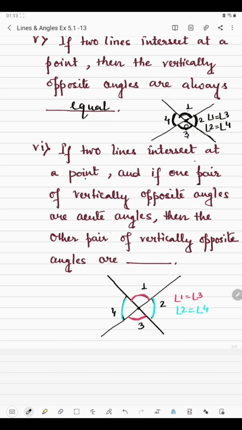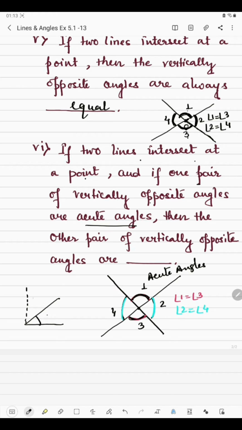Now here it is said that if two lines intersect at a point, and one pair of vertically opposite angles are acute angles, say angle 1 and angle 3 are acute angles. Now what do you mean by acute angles? Suppose this is 90 degree. If any angle is less than 90 degree, then it is known as acute angle.